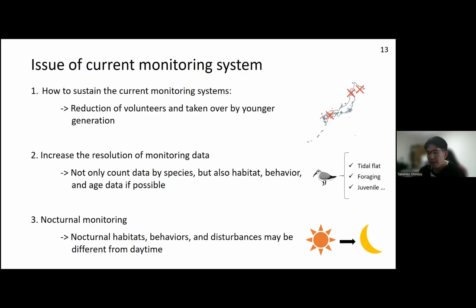And thirdly, although this is not directly related to today's presentation, nocturnal monitoring is also important and should be developed. Several previous studies partly described that shorebirds' behaviors and habitat use patterns are different between daytime and nighttime. Nevertheless, research and data on nighttime are still lacking. Accumulating nighttime records can help in understanding night-specific risks or benefits for shorebirds.